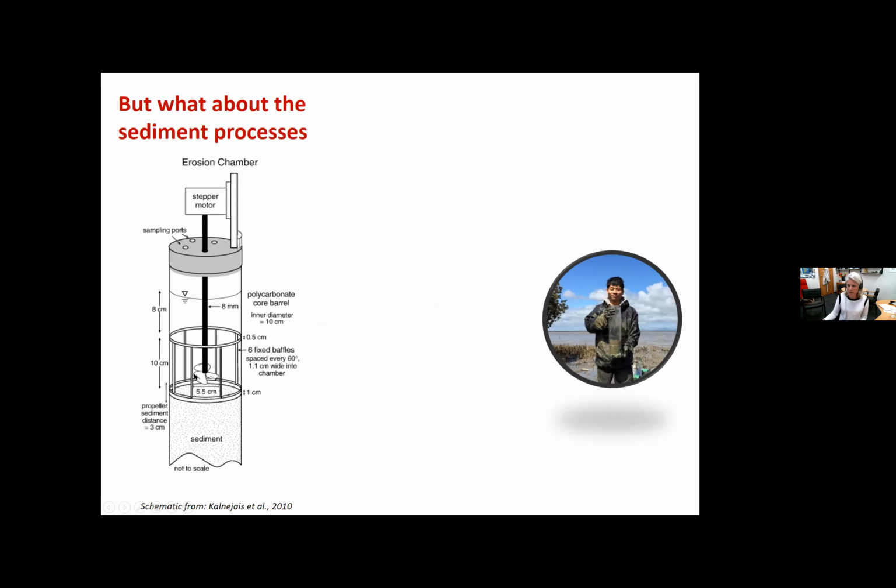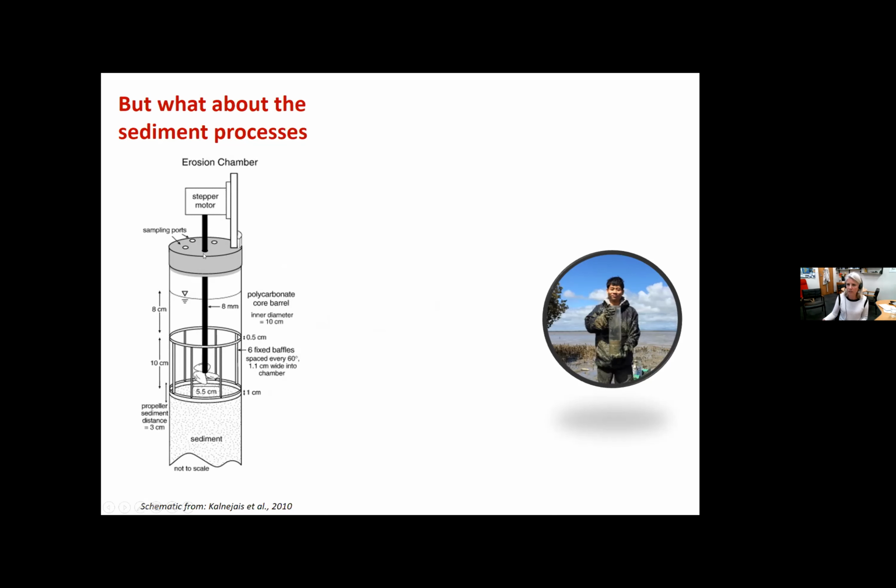And so we brought this out to the end of our site, Andrew Swales' site, at the end of the boardwalk, and we set it up and started collecting these cores and doing these experiments right in the middle of the mangroves.